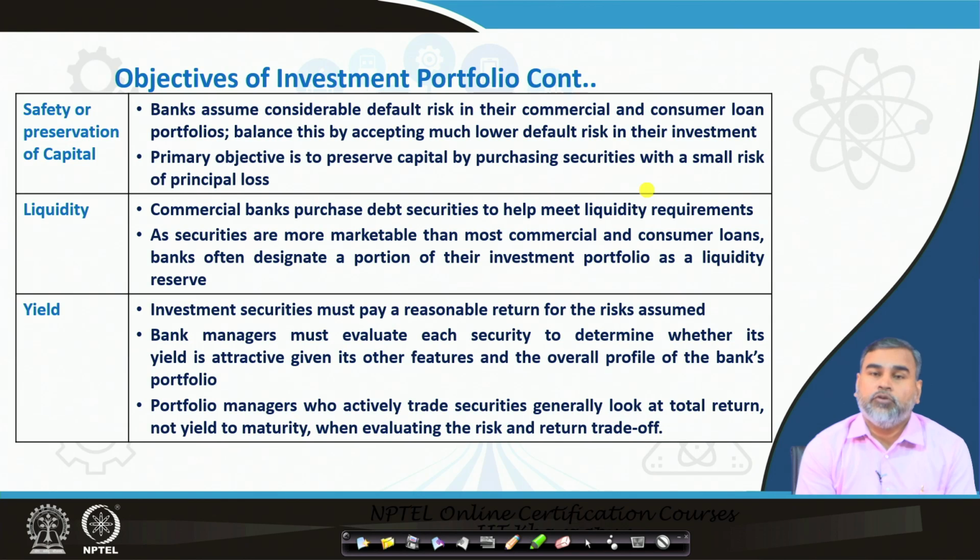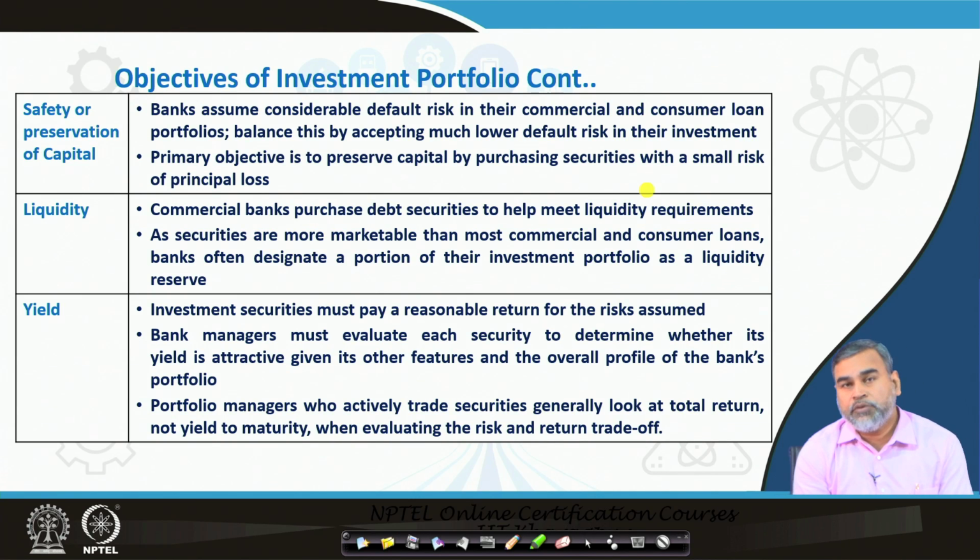Their default risk is quite high whenever they provide loans, as I have already discussed. That is why their prime objective is to preserve the capital by purchasing securities with a small risk of principal loss. This is number one.